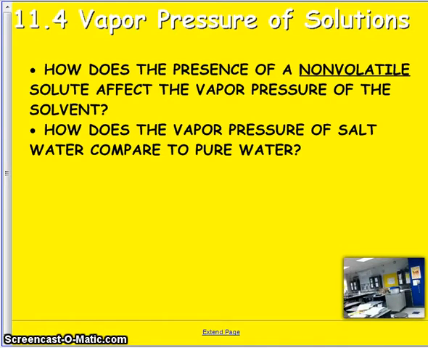When you have a liquid in a closed container, that liquid evaporates, and the gas molecules of that substance stay trapped inside the container and bounce around. As they bounce around, they exert pressure on the walls of their container. That pressure that the gas above the liquid exerts on the walls of its container is known as vapor pressure.